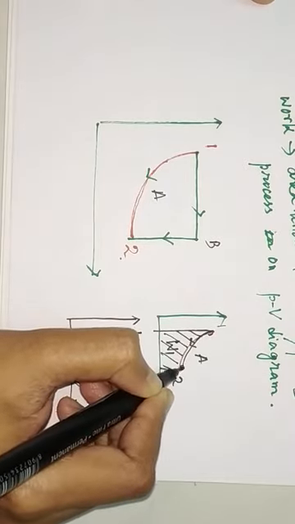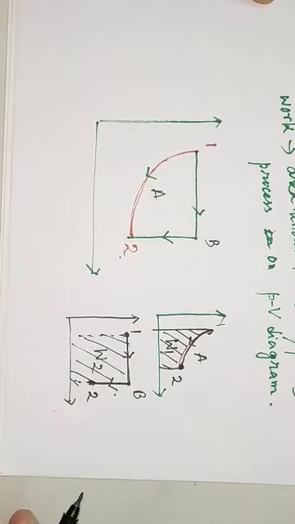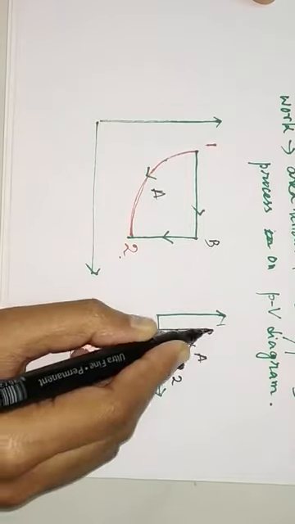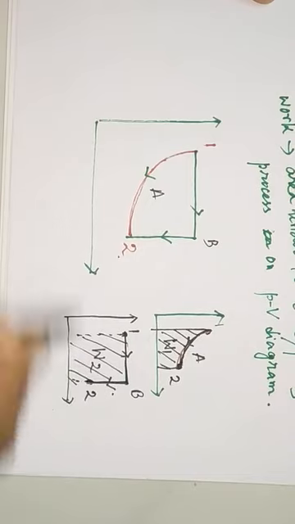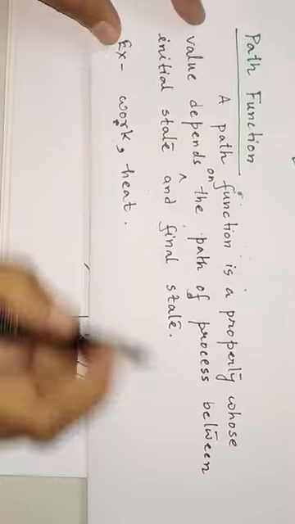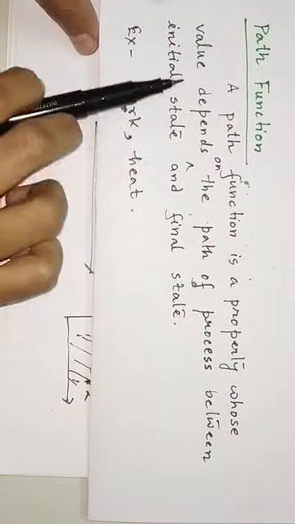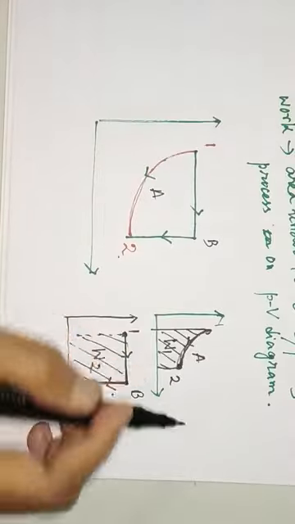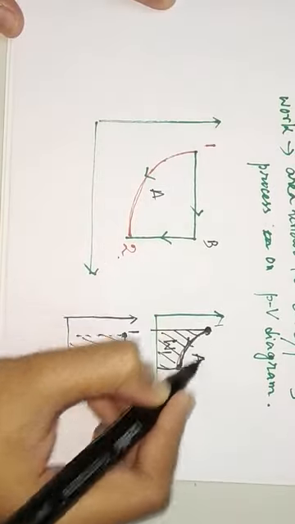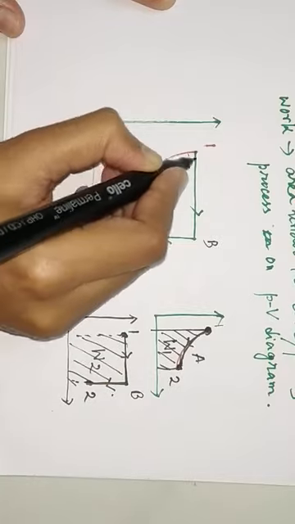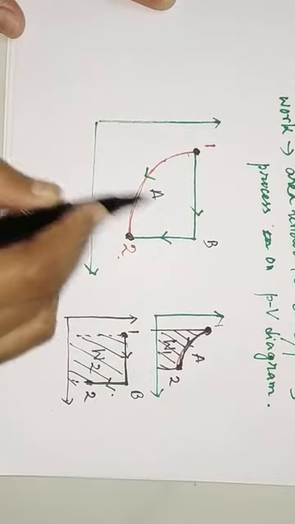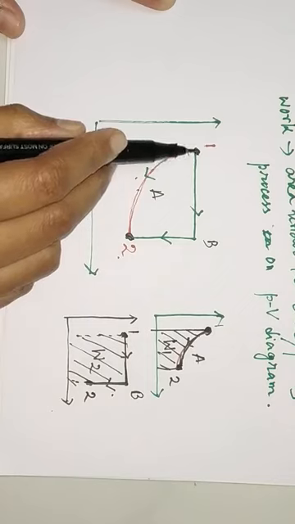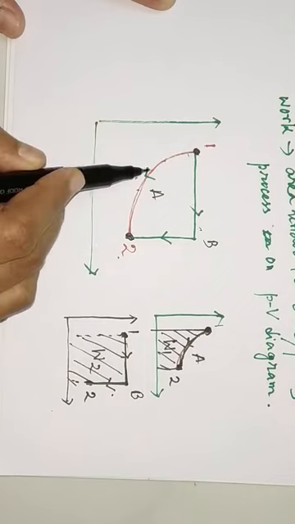Okay, so there is a system, it goes through some process and some work is done. That work done will depend on which path is taken between the initial state and final state. A path function is a property whose value depends on the path of the process between the initial state and final state. In both cases, you see the initial state and final state are the same, but the paths taken to reach from the initial state to the final state are different.